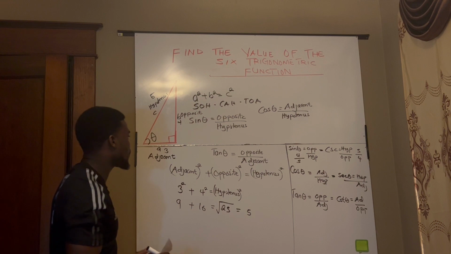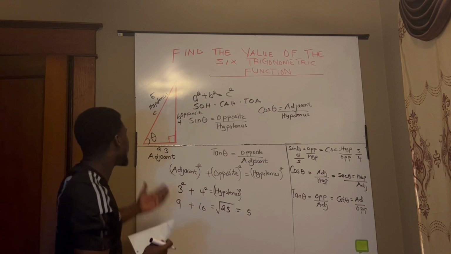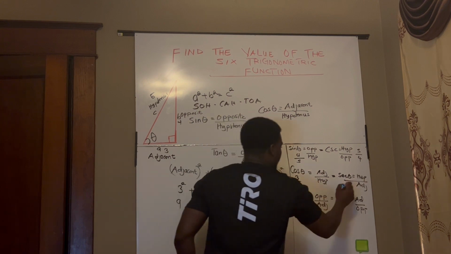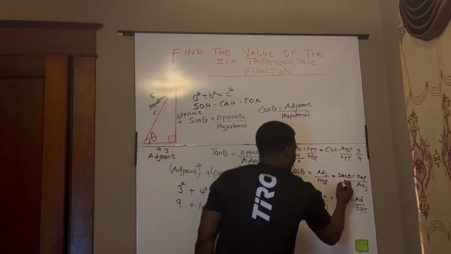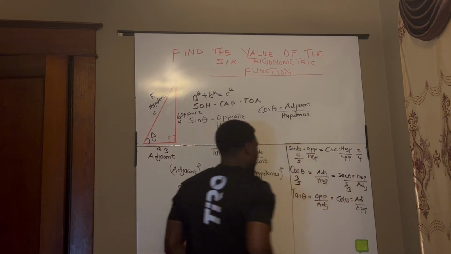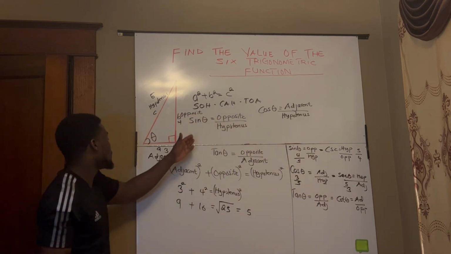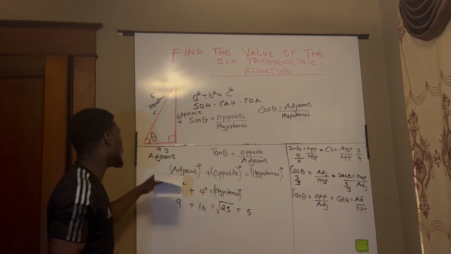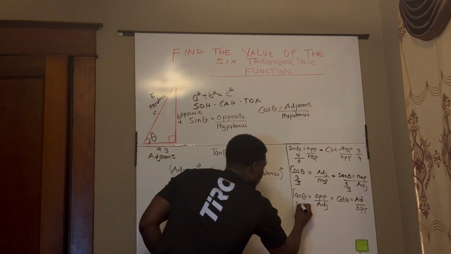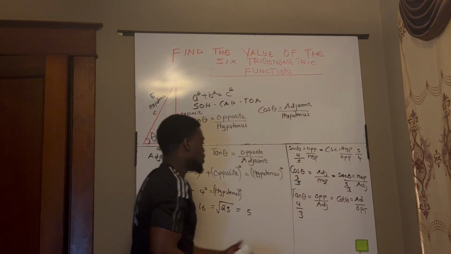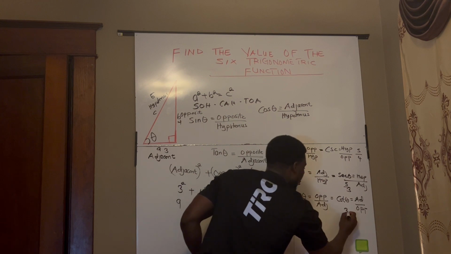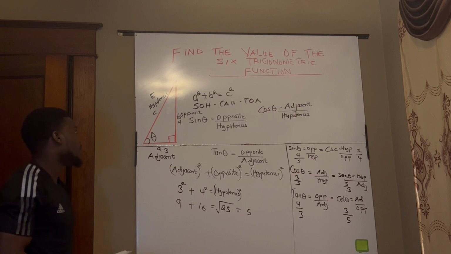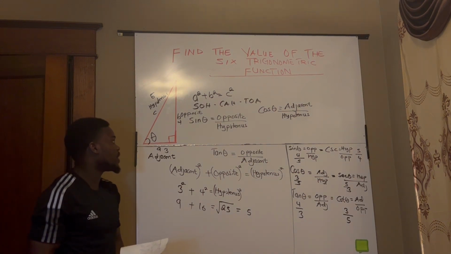Our adjacent was 3 and our hypotenuse was 5, so this was 3 over 5, but secant is 5 over 3. Our tangent, tan theta, was opposite over adjacent, which is 4 over 3, but the cotangent is 3 over 4. And these are our 6 trigonometric functions.